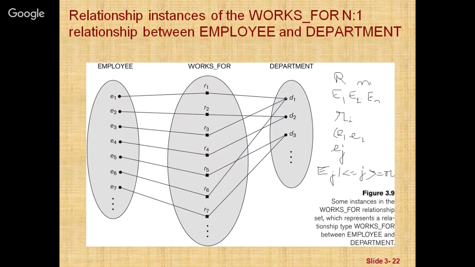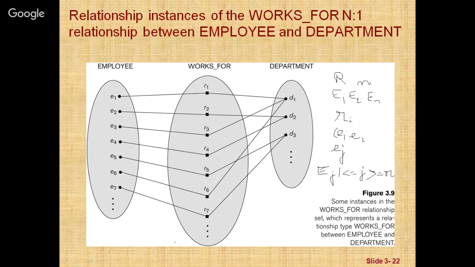So E1 R1 D1. So in an ER diagram, relationship types are displayed as diamond shaped boxes which are connected by straight lines to the rectangular boxes representing the entity types.